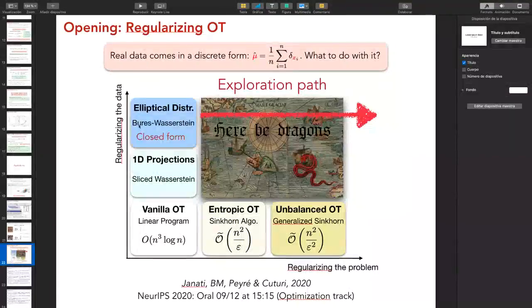For instance, you could take your Diracs, estimate a Gaussian distribution from them, and then use the closed forms. But if you want to do it directly, then you can't really escape the curse of dimensionality. Yes. Okay, thank you.